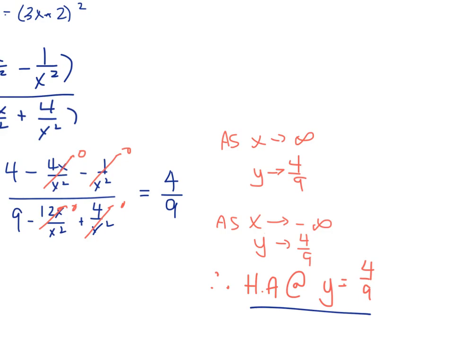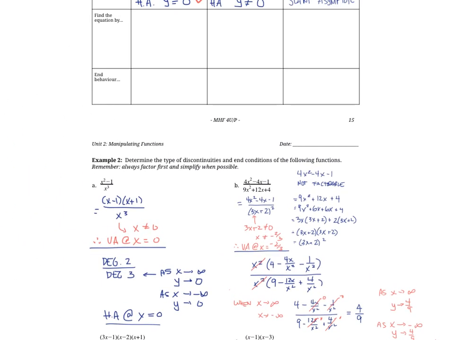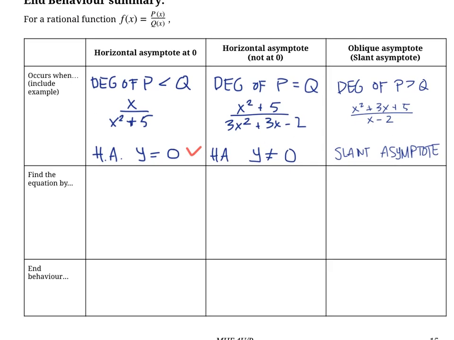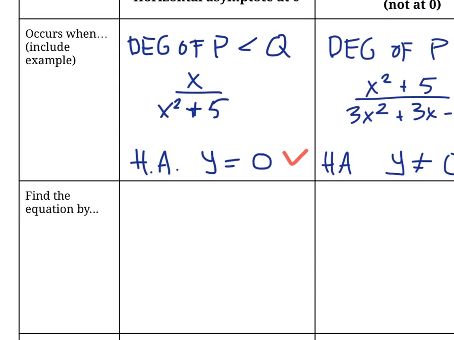So let's now summarize what we have so far in the table up here. We find the horizontal asymptote is at 0 when the degree of p, the degree of the numerator, is less than the degree of the denominator. So the equation of that horizontal asymptote is always going to be y equals 0. That one we don't really need to find.